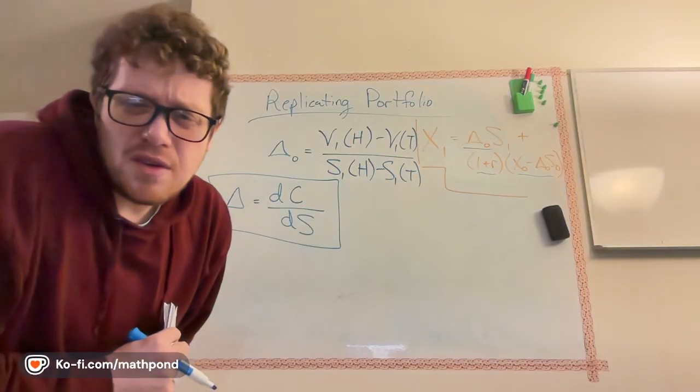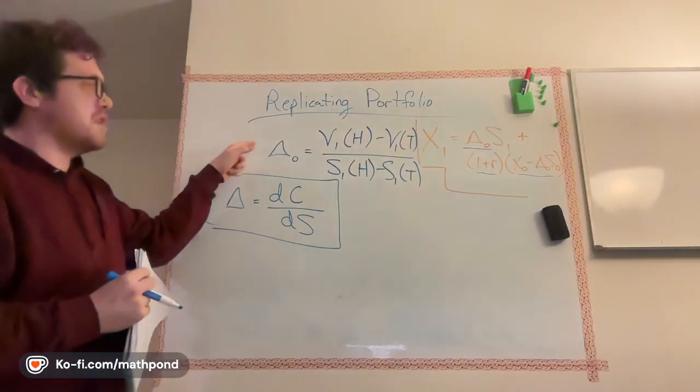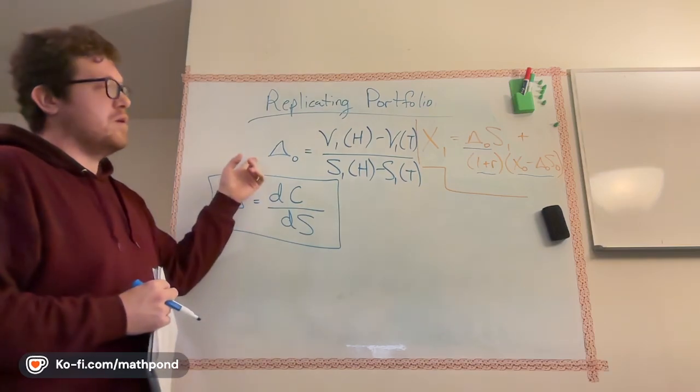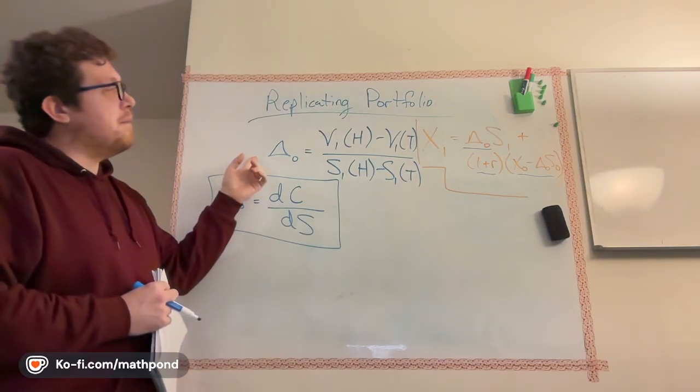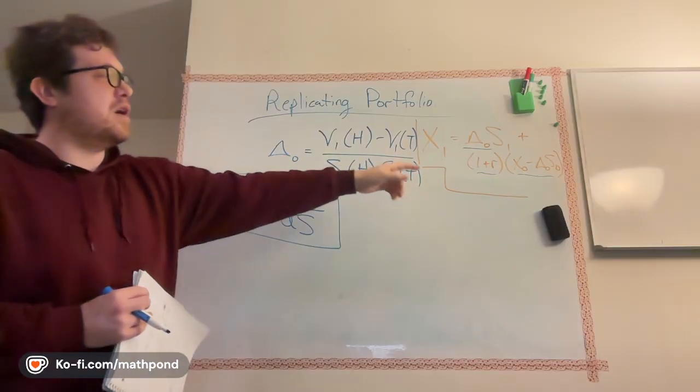So delta 0 represents leverage. No, delta 0 is just the number of shares. The leverage would be the value of my portfolio, how many shares I own times the original price.